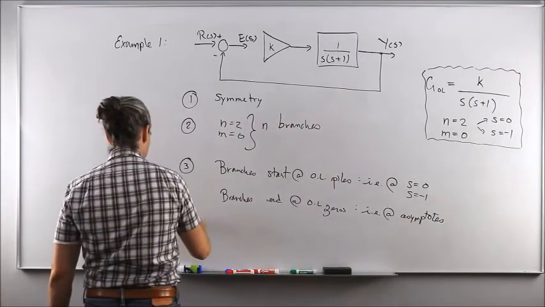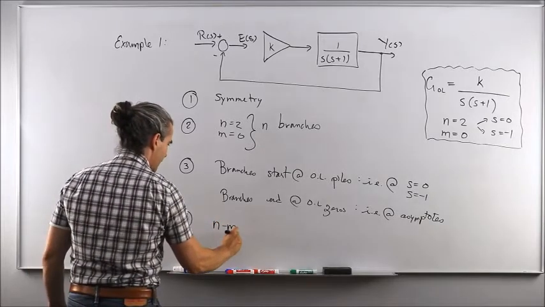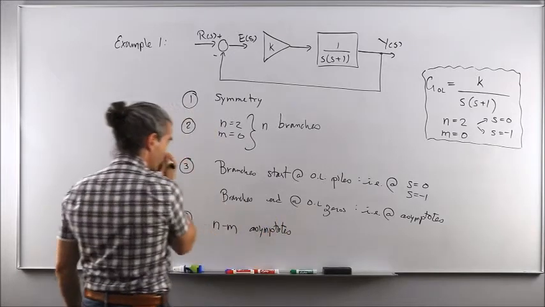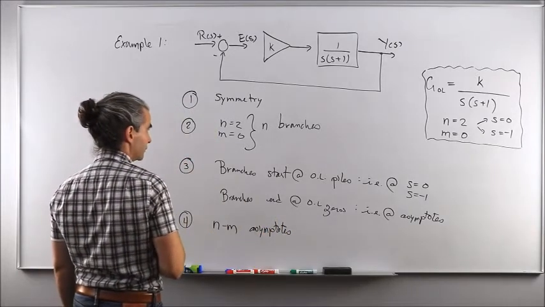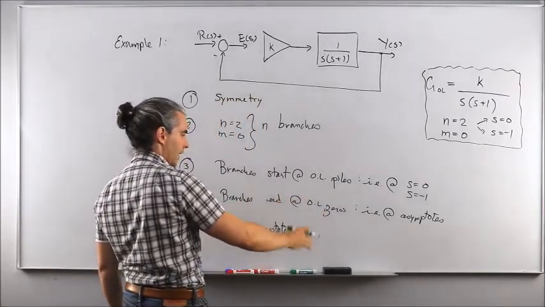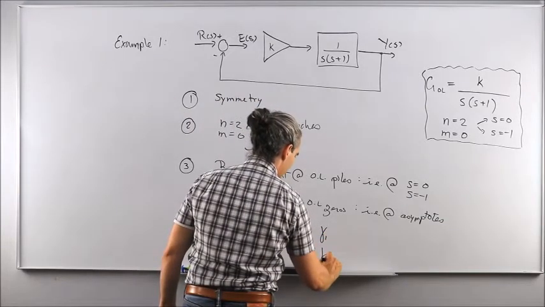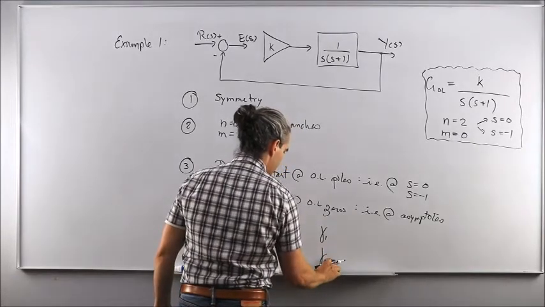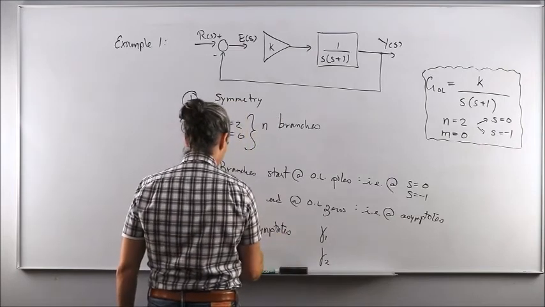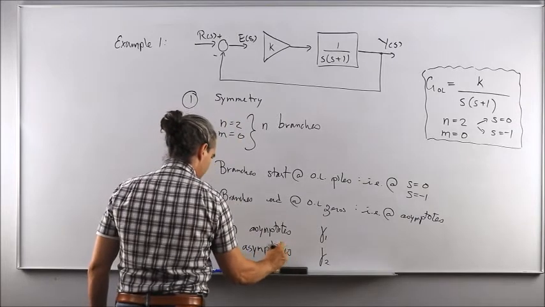Step 4, speaking of asymptotes, how many do we have? We have n minus m asymptotes. Okay? How are they oriented with respect to the real axis? Well, let's figure out the gamma angle. Gamma 1 for the first asymptote, and gamma 2 for the second asymptote. Okay?